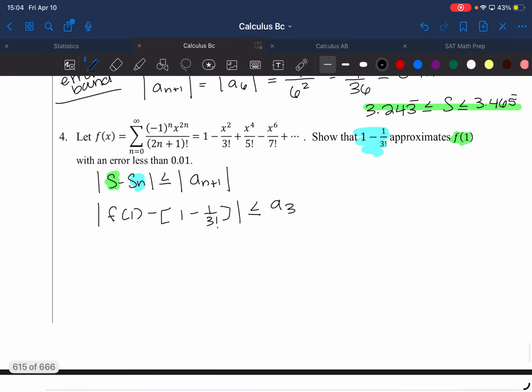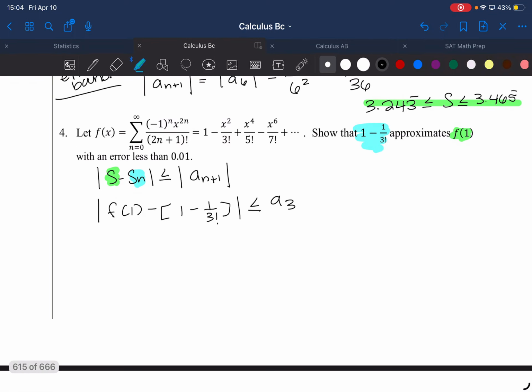Can anyone tell me where I'm getting a sub 3 from? Let's see if this helps. Okay, remember the series is always going to give us the terms a1, a2, a3, etc. So notice when they gave us the approximation of 3 factorial and an x value of 1, that came from a sub 2.